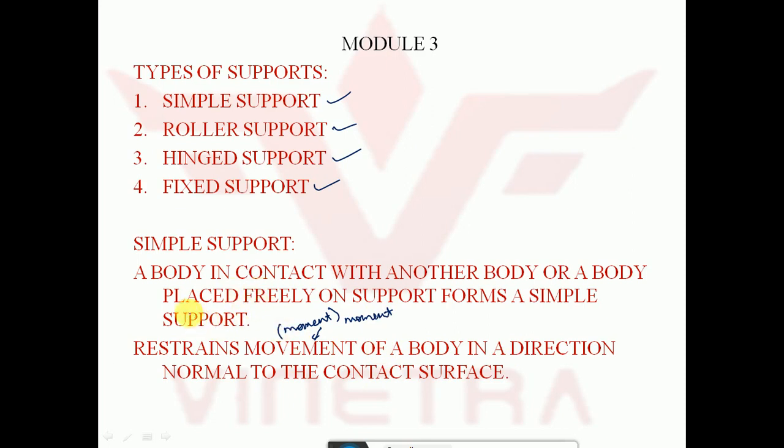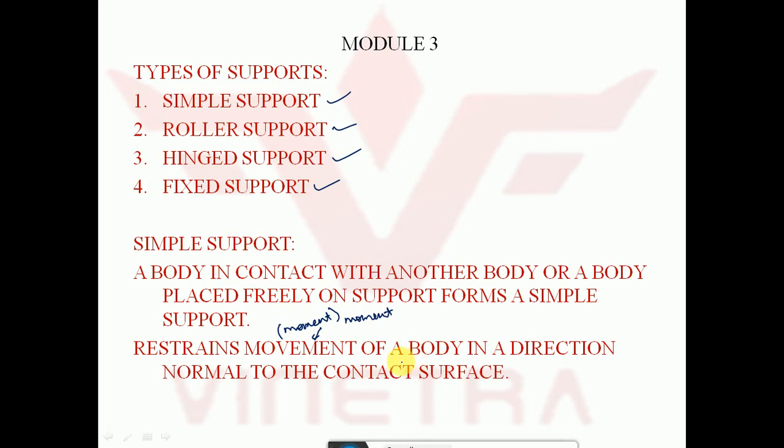Once again I will define: a body in contact with another body, or a body placed freely on a support, forms a simple support. Another property of the simple support is that it restrains movement of a body in a direction normal to the contact surface.